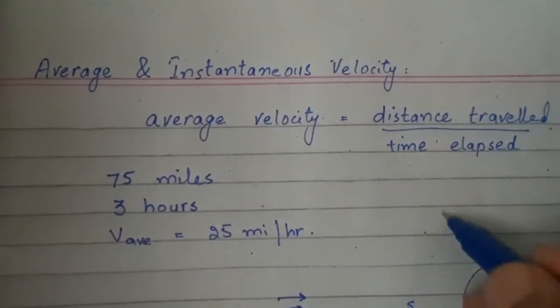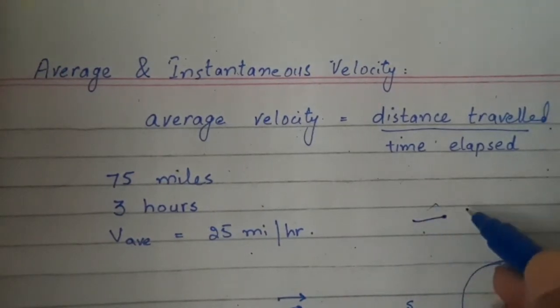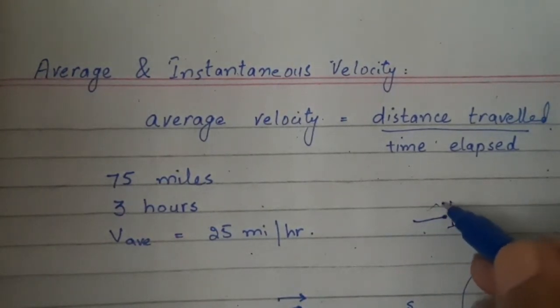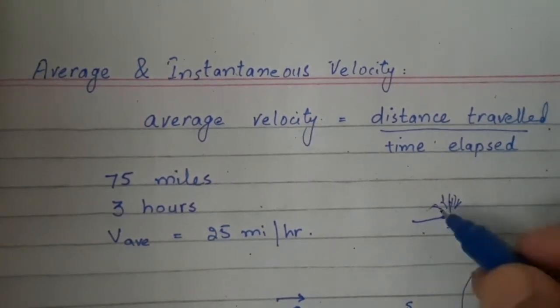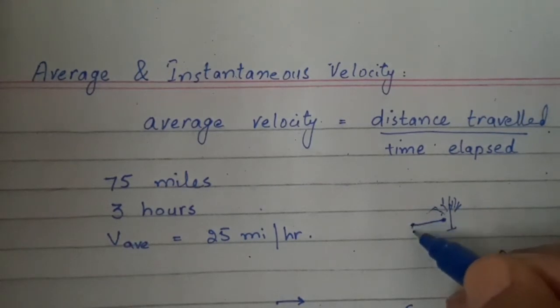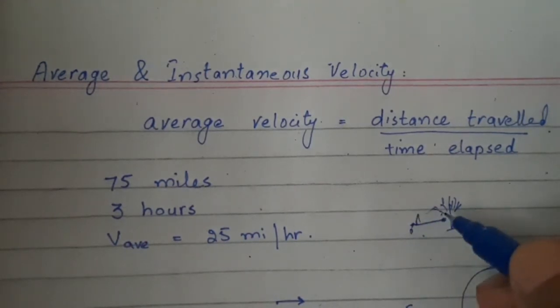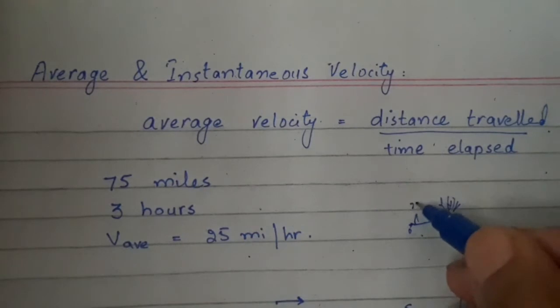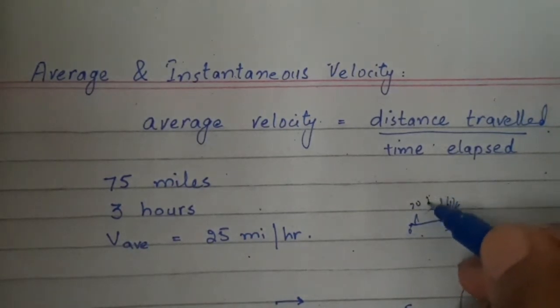Like you can say, for example, if a car was moving and it came in contact with a tree and the accident happened, we are not going to see what the average velocity of the car was. For example, it started from 0, then sped up to 20, then rose to 50.